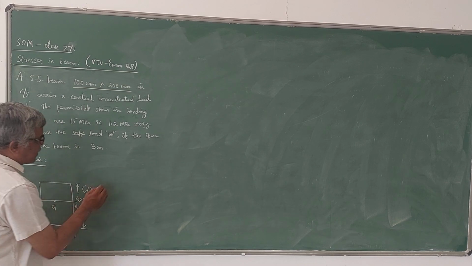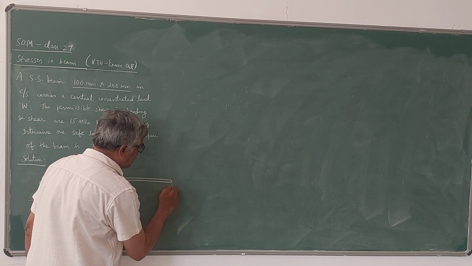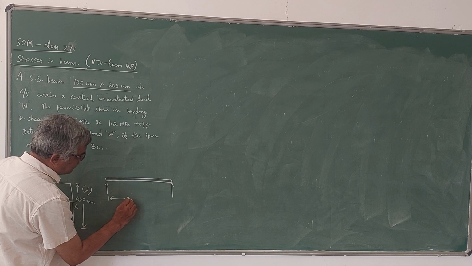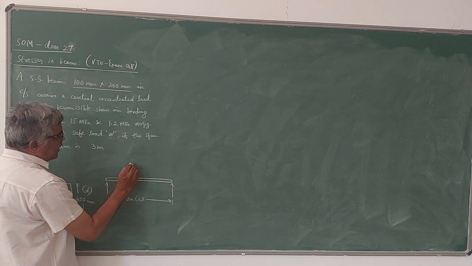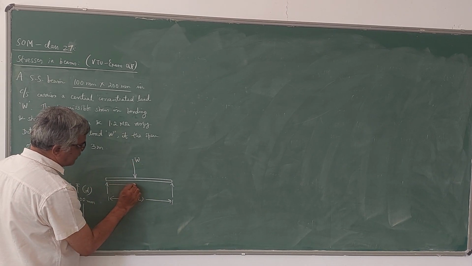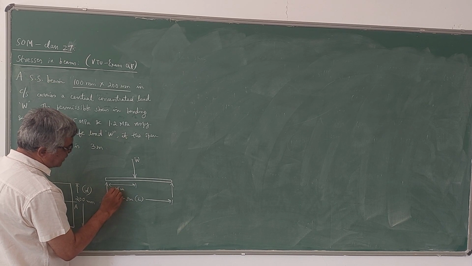Suppose this is used as a simply supported beam over a span of 3 meters, that is L. And if a central concentrated load W is applied, central concentrated means exact center, 1.5 meters distance.